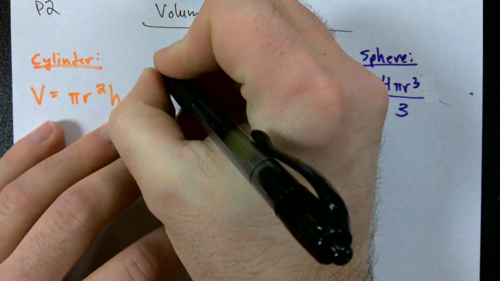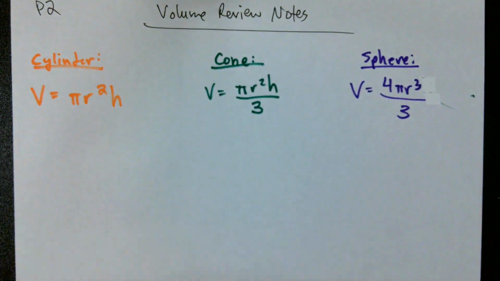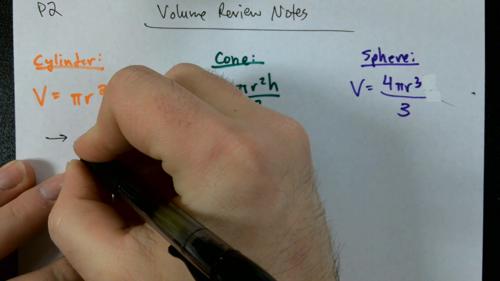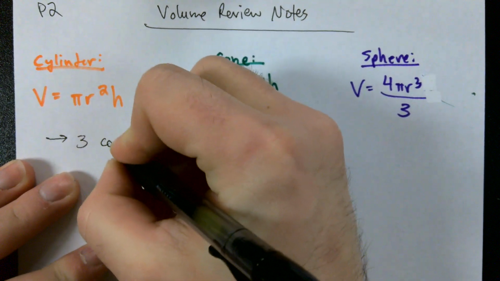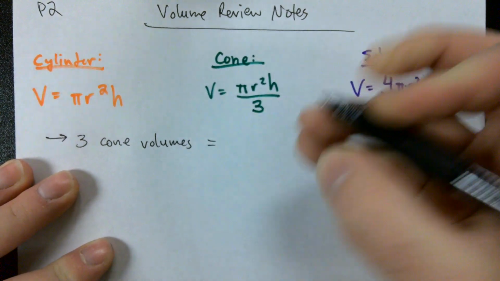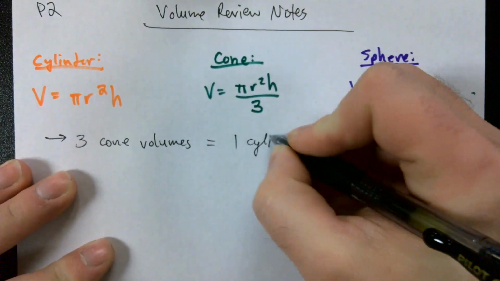So the cylinder's volume, let's just write a note here. 3 cone volumes equals 1 cylinder volume.